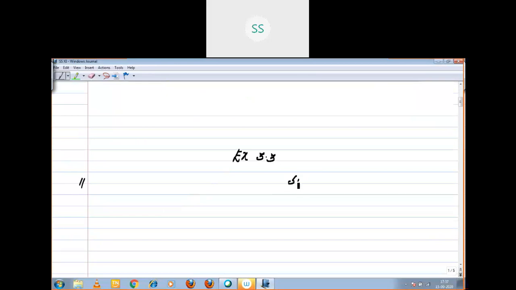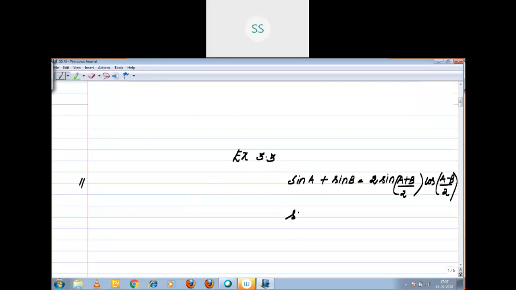sin A plus sin B equals 2 sin (A plus B)/2 into cos (A minus B)/2. Got it, children?